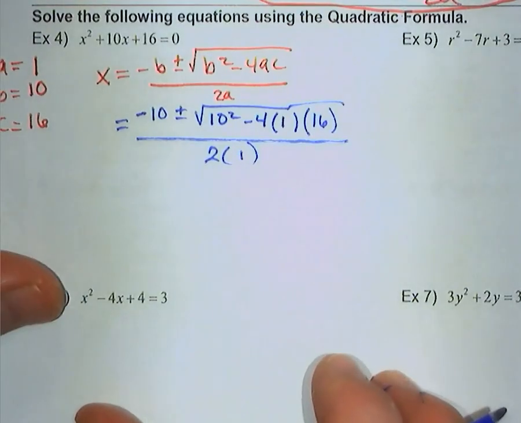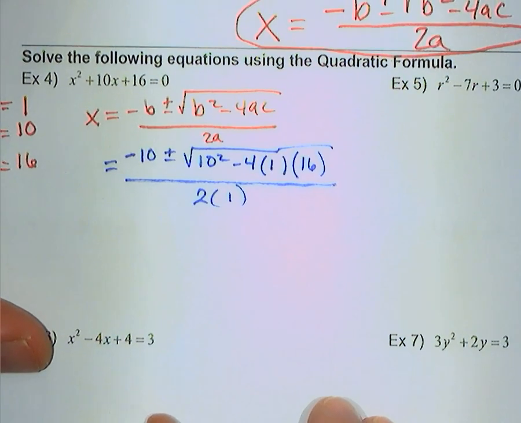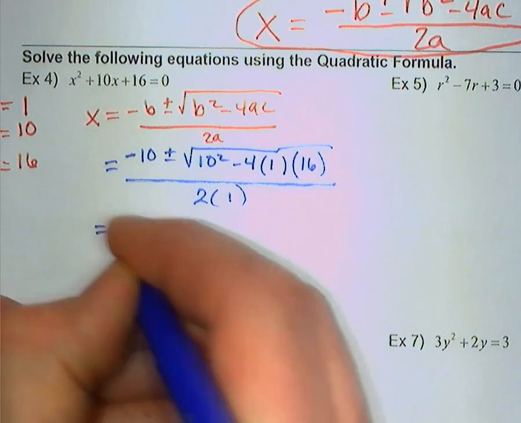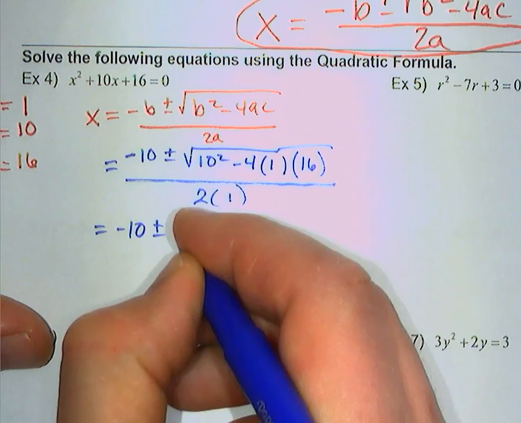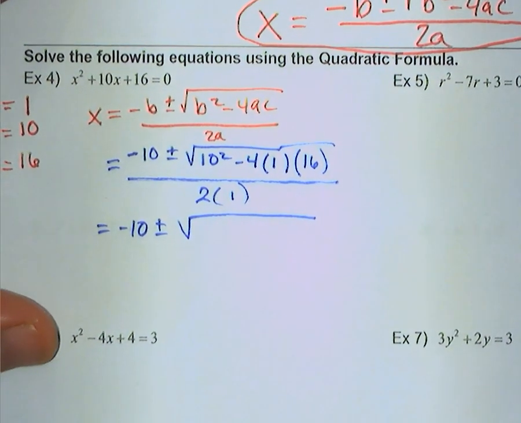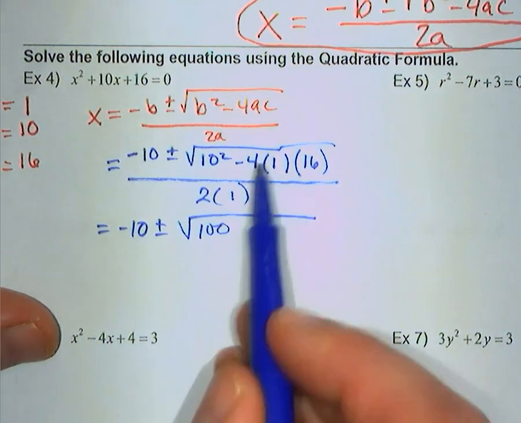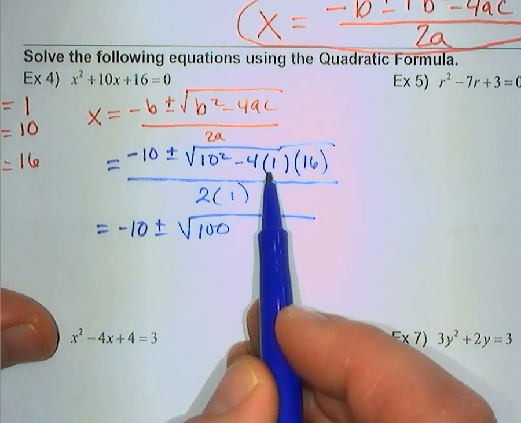Okay, so as I go through, so we can see it here. I've got negative 10 plus or minus, and if you need to, use your calculator, but what's 10 squared? A hundo. Okay, and then I have negative 4 times 1 times 16.